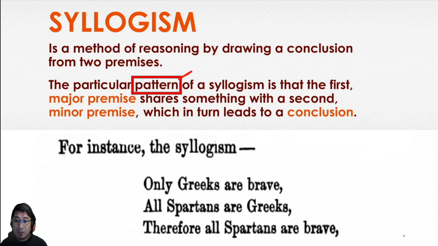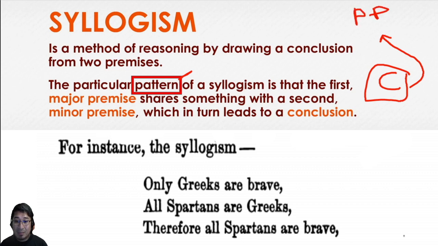It's a method of reasoning by drawing a conclusion from two premises. So, ibig sabihin, meron tayong conclusion. Now, the reason why we are able to create a conclusion is because of the premises. Magkakonekta yung premises na ginawa mo, kaya ka nagkaroon ng conclusion. Yun yung pattern. Yun yung interpolation. Yun yung tinatawag na syllogism.